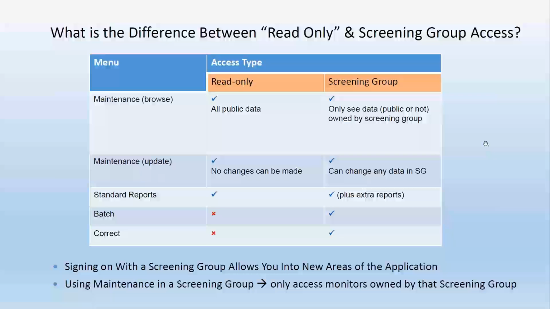But under screening group, that gives you an additional level to where you can change the data, you can input data, and you can update or delete data. So that's one of the security steps that we have in place to prevent people who just may want to view the data, but we don't want them necessarily deleting data by accident, let's say. Okay, next slide.